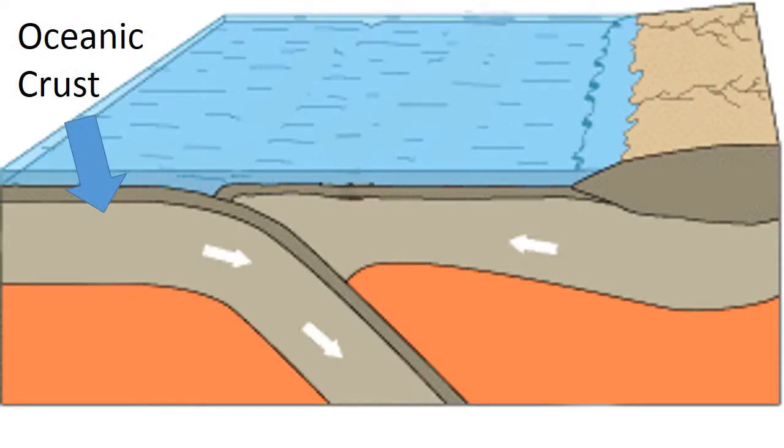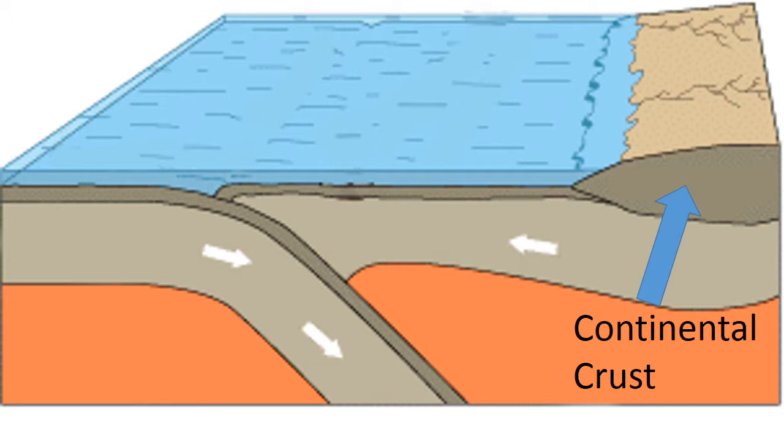Oceanic crust is located beneath deep oceans and consists of mainly basalt, which is a heavy and dense rock. Continental crust is located beneath the Earth's continental landmasses and under shallow seas close to continents, and consists of lighter rock, such as granite.